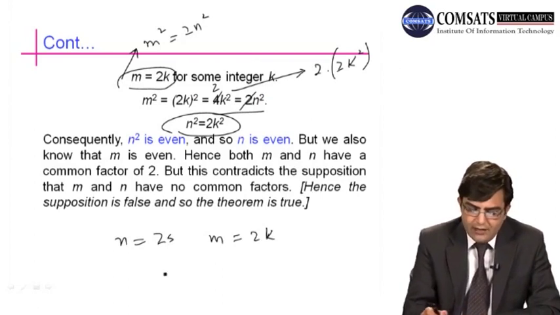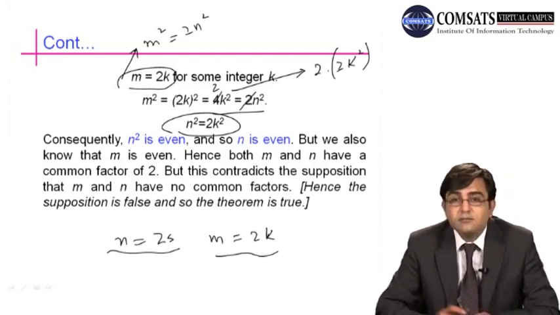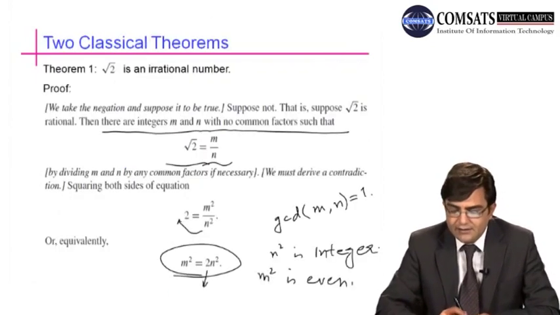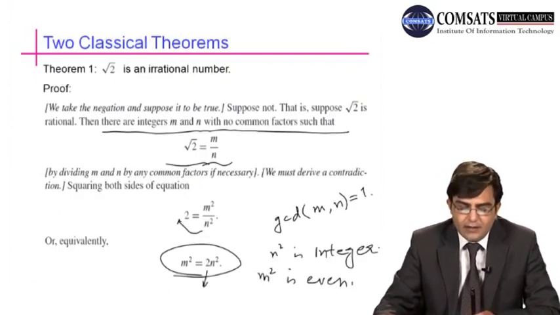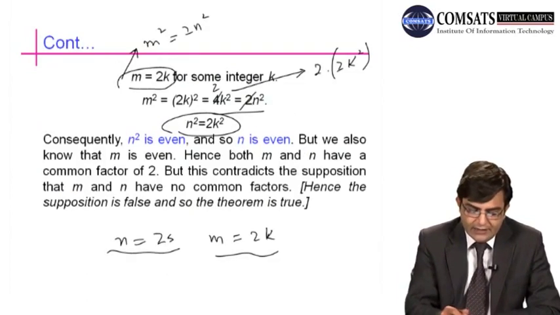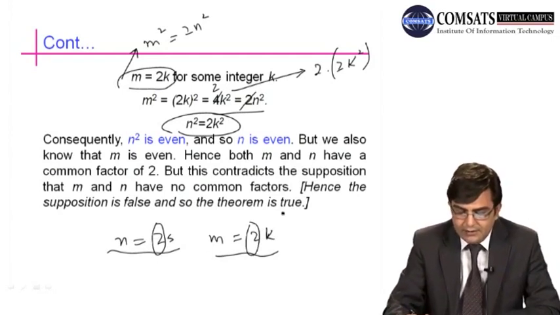Now we have supposed that the GCD of m and n is equal to 1, or m and n have no common factors. Here we have arrived at 2 being a common factor between m and n, because m by n is equal to 2k over 2s.